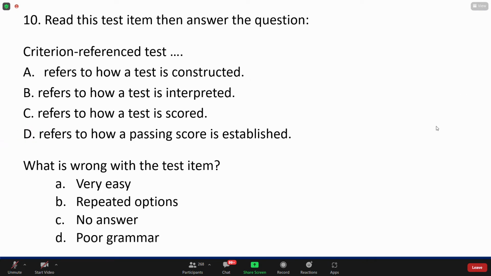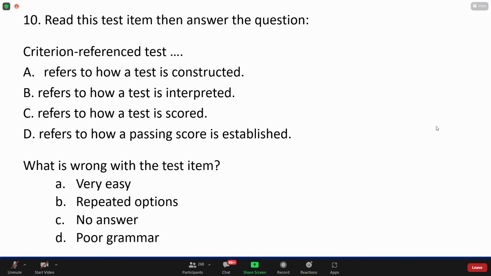Next, number 10. Please read and answer, Mr. Ramos. Number 10. Read this test item, then answer the question. Criterion-referenced test. A, refers to how a test is constructed. B, refers to how a test is interpreted. C, refers to how a test is scored.